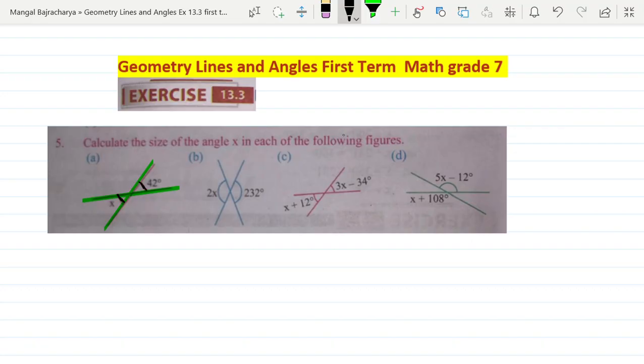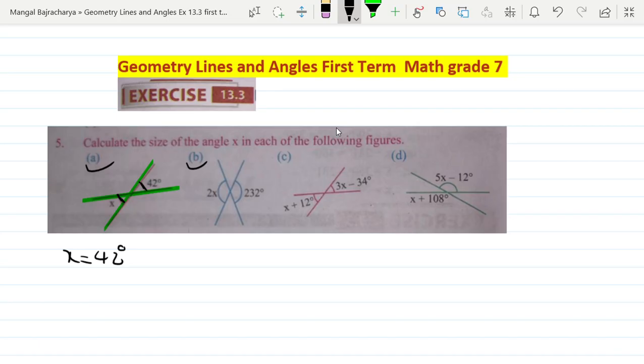These are vertically opposite angles, and the relation between vertically opposite angles is that they are equal. So here x and 42 degrees in this first number A, you can say are equal. So x equals 42 degrees, and you can provide the reason being vertically opposite angles.